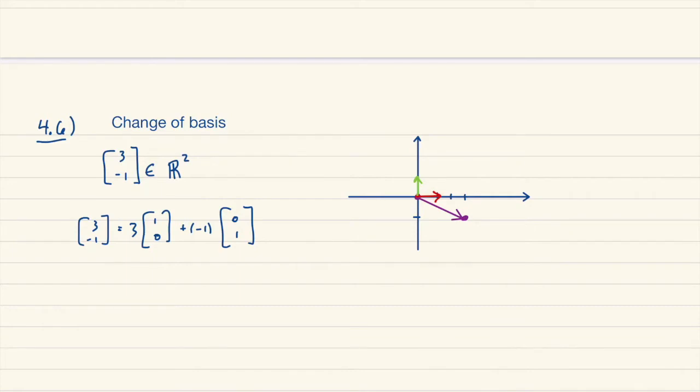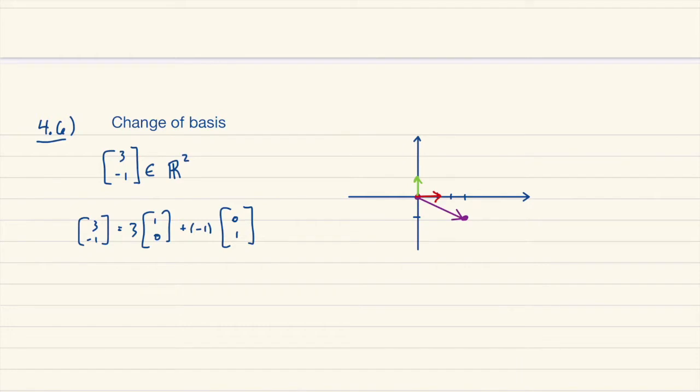Scale j by a factor of -1. That flips it. If we take these scaled vectors, 3i and minus j, and add them together, that really means that you just put them tip to tail. You end up with this new vector, so you end up with (3, -1). So this is all old news. This is just writing a vector as a linear combination of these standard basis vectors.